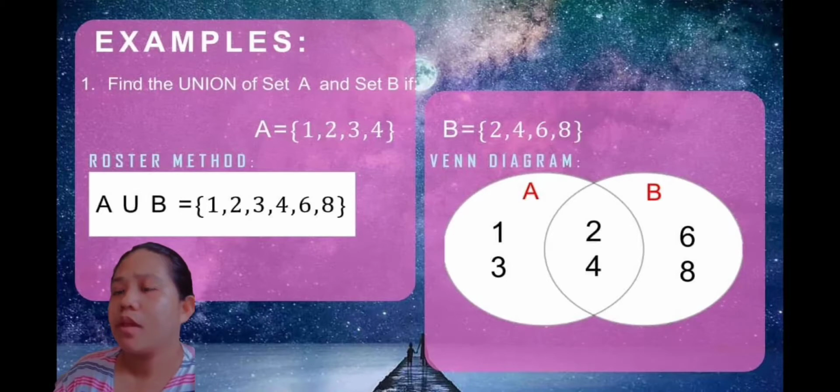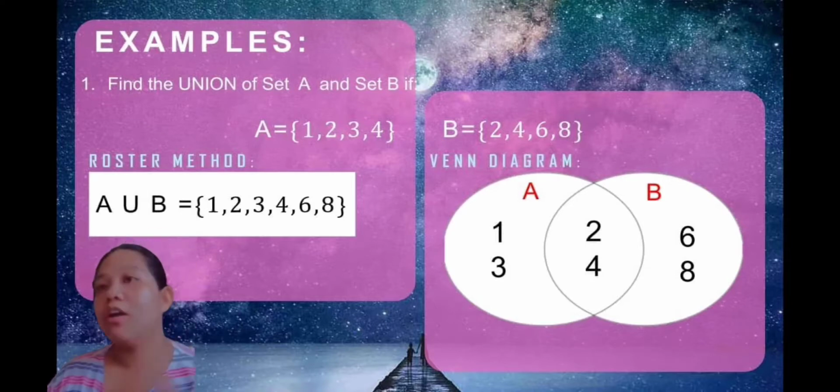Ngayon, alam naman natin na ang Venn diagram is two circles na magkapatong, nag-overlap sa gitna. Anong ibig sabihin nun?